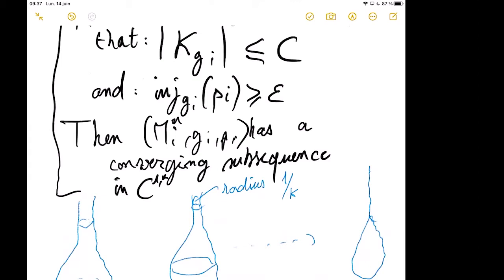Is it the bound on the injectivity radius or the bound on the curvature?